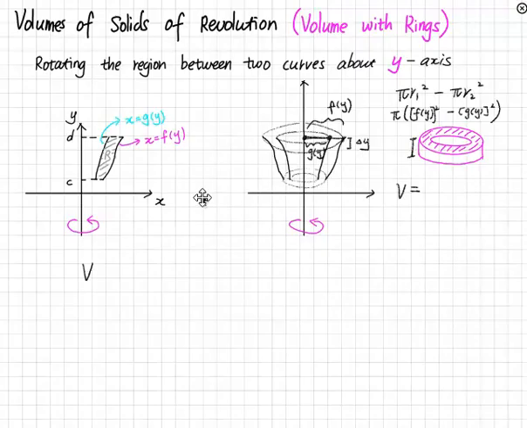Therefore, the volume of the entire solid with the hollow part in the middle is the integral from C to D, the range of y that creates the region, of pi times f of y squared minus g of y squared, times delta y. We use dy. This is the volume of the solid of revolution when you're rotating the region between two curves about the y-axis.